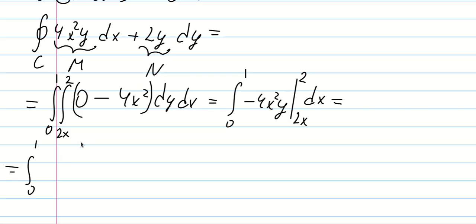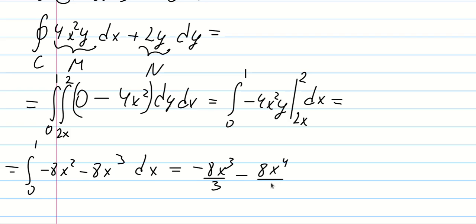So it's going to be negative 8x squared. Then we plug in 2x, so it's going to be negative 8x cubed dx. So the antiderivative of this function is negative 8x cubed over 3 minus 8x to the 4 over 4.